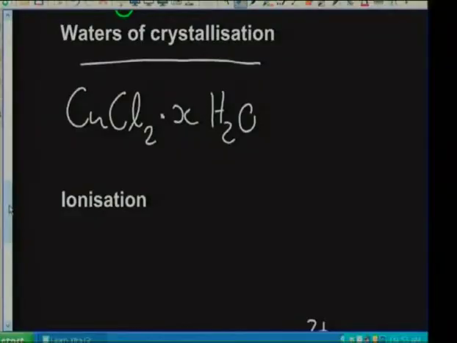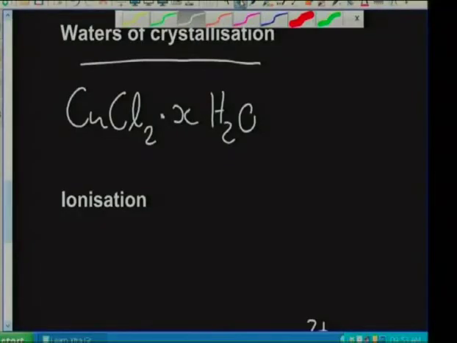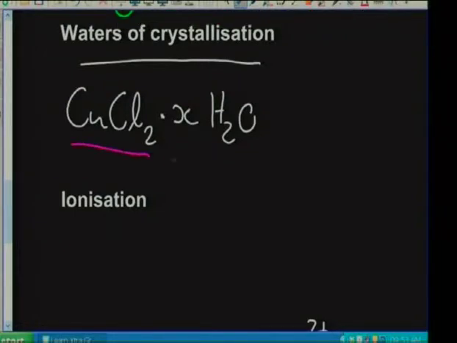Now, there is one further thing that I just wanted to mention. We have only been using ionic substances; this substance here that was our solute was ionic. But we can have other stuff that is not ionic, it is bonded covalently. So for example, something like sugar.